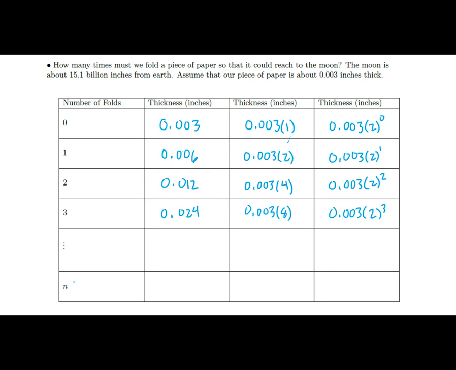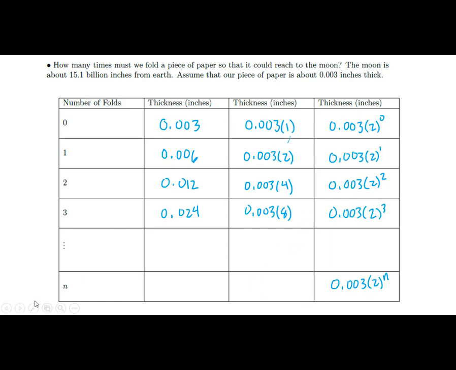I haven't specified the number of folds. Can I come up with an expression for that? If I just follow the pattern, the exponent always corresponded to the number of folds, so that must mean that my formula is 0.003 times 2 to the n.